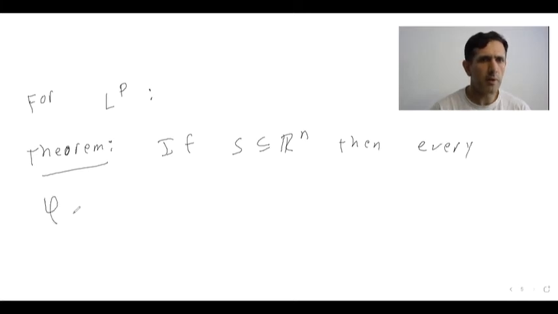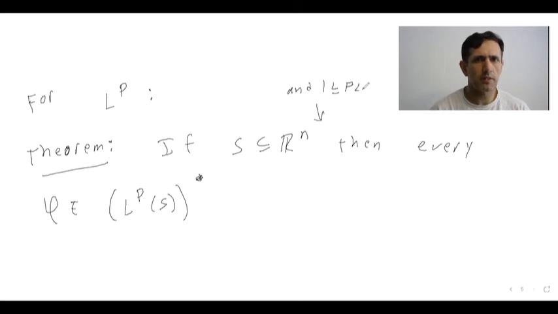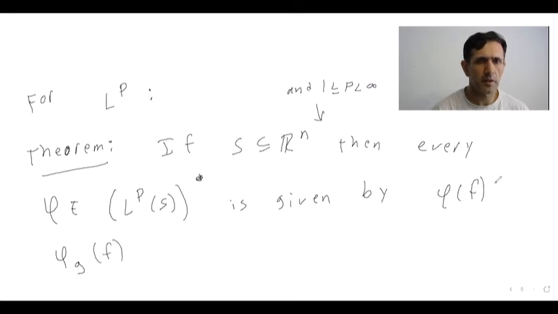So every bounded linear functional, and again, let's say 1 is less than or equal to p is less than infinity, on L^p is given by basically the same thing, phi_g for some g in L^p prime. And what is phi_g of f?